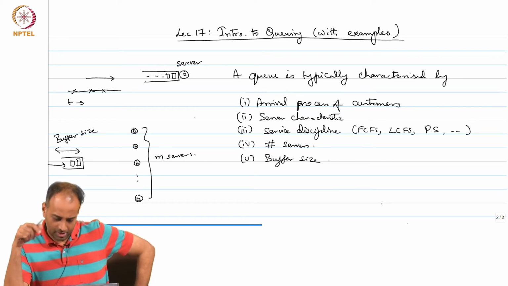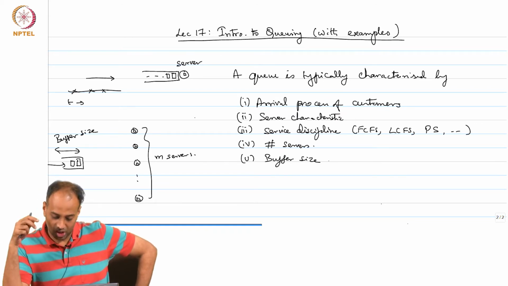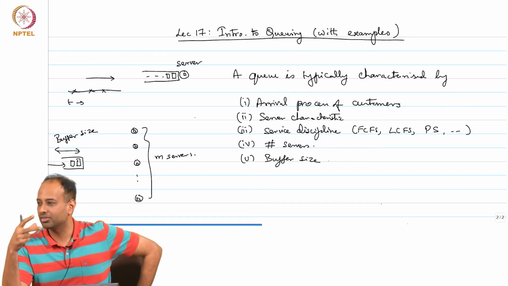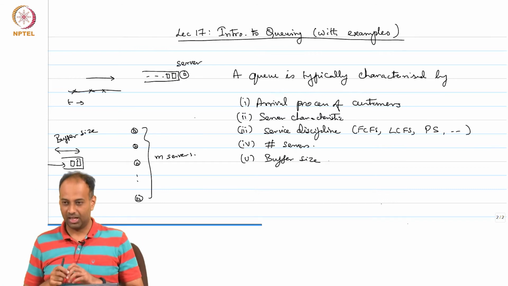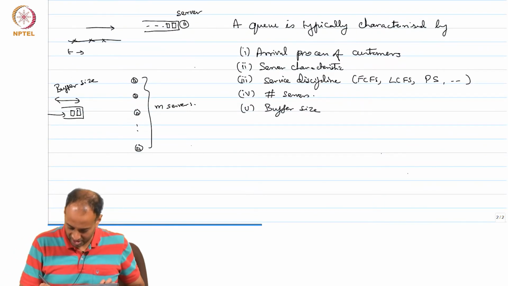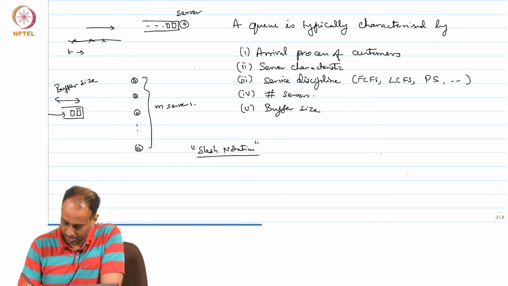So, queuing theory is a field by itself, all right, and queuing theorists have evolved a certain notation to talk about what a particular queuing system behaves like. They use a slash notation. So, the slash notation works like this. It goes like dot slash dot slash dot slash dot.